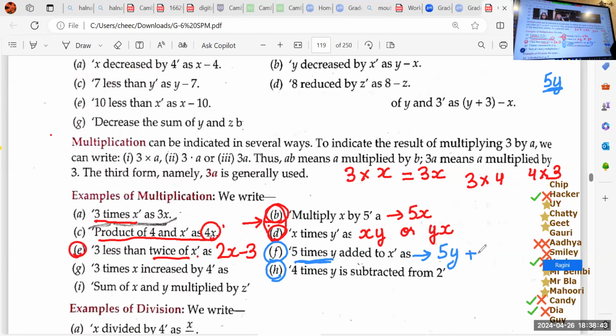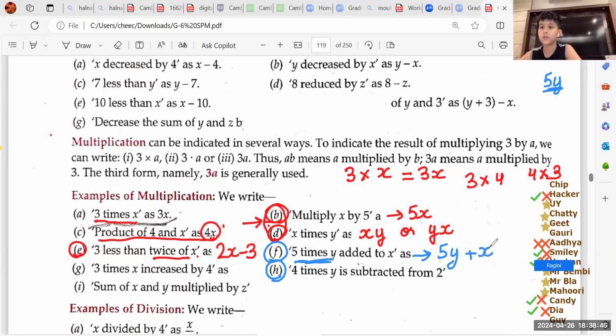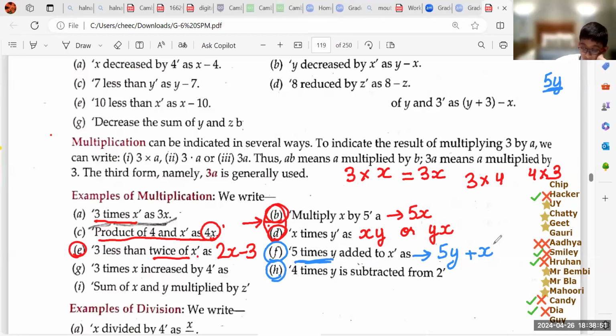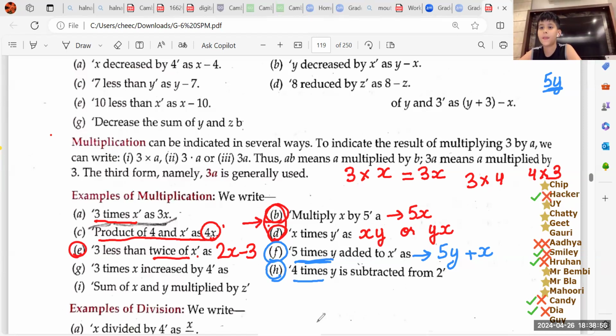Added to x is plus x. If you write x plus 5y, then also it will be correct. Commutative property. Yes, sir. Now 4 times y is subtracted from 2. So Adya, what is 4 times y?